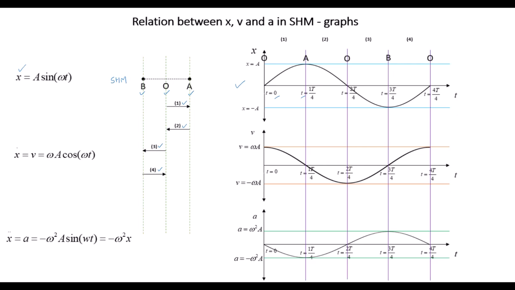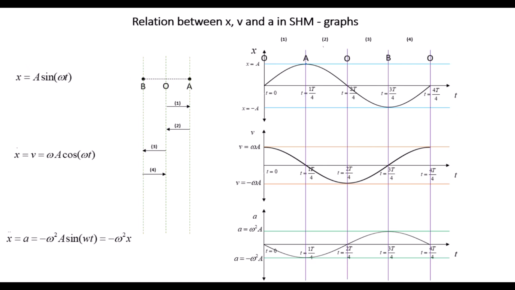So we see that in the first leg or in the first step, the displacement goes on increasing. The displacement goes on increasing as per the sine curve. And at t equals T over 4, the displacement at point A becomes the maximum, and it is given by displacement equal to positive A.